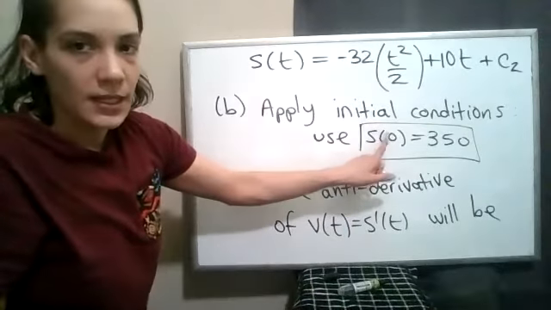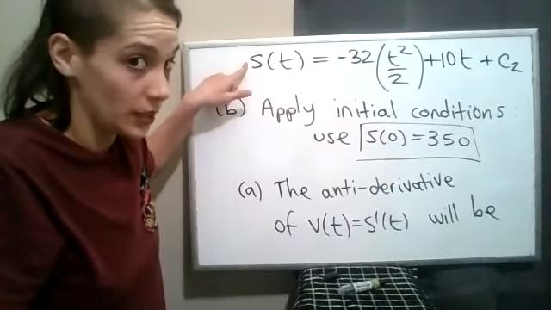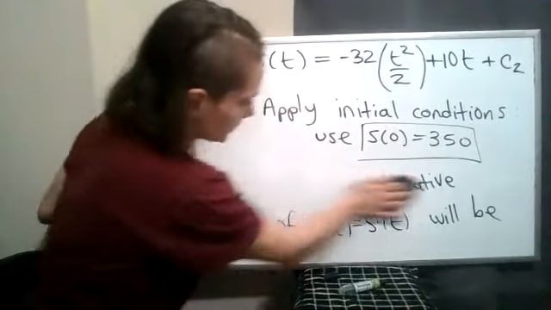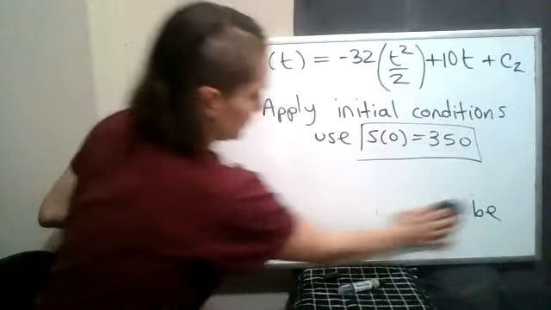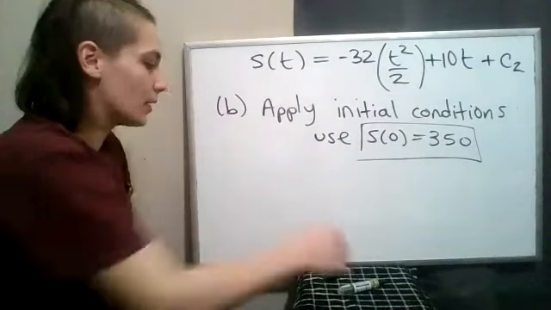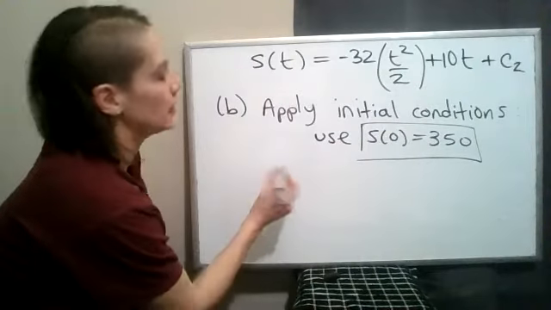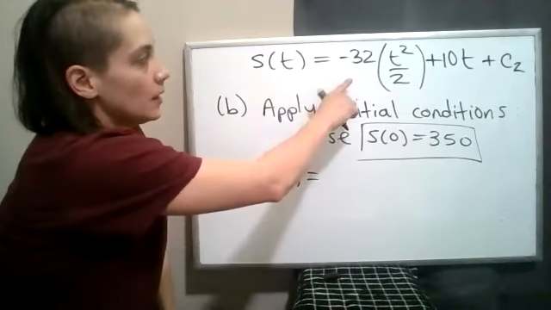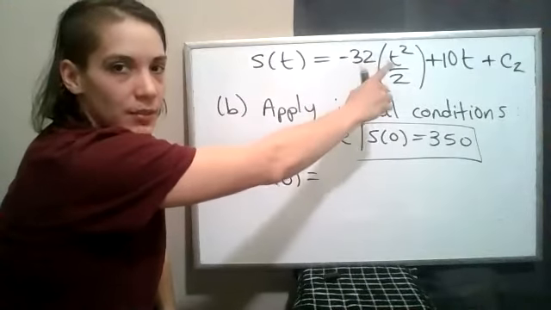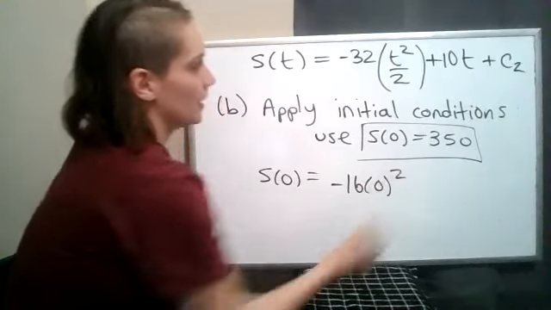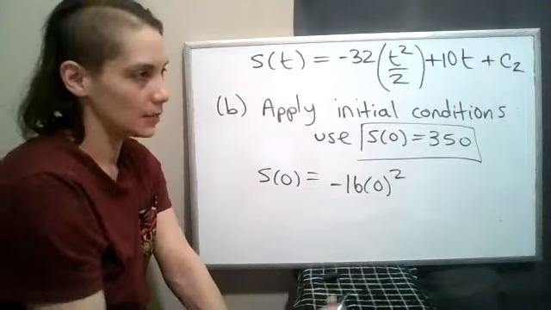So put in t equals 0 into the function that we found: negative 16 times 0 squared, add 10 times 0, add c sub 2.